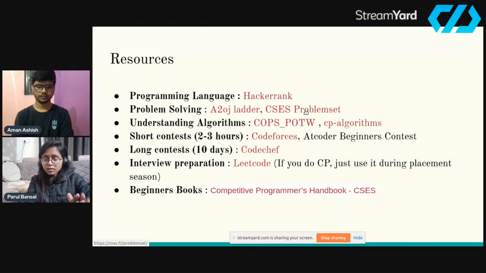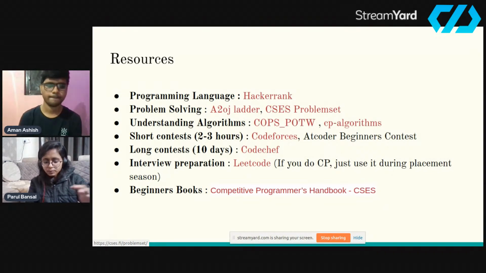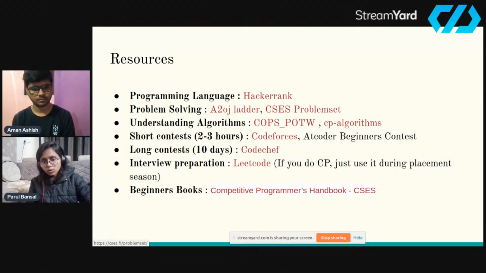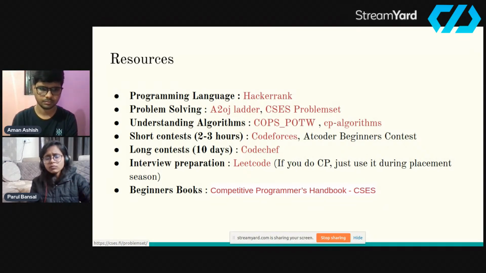It is a site where there are 10 to 20 questions for every section, for example string, dynamic programming, graph, tree, etc. Their difficulty varies from easy to the hardest one also. So after solving those 10 questions you are confident that you can solve any question in tree. Not solve, but at least think about it.